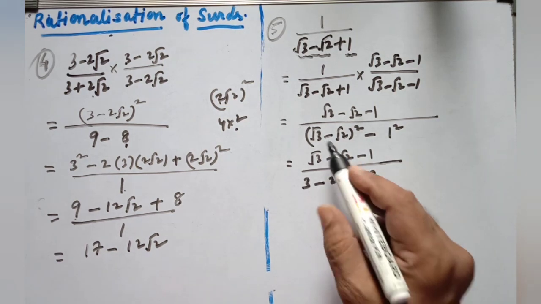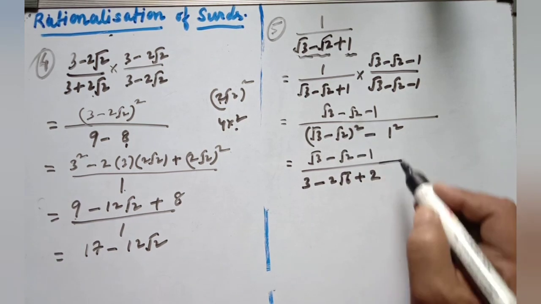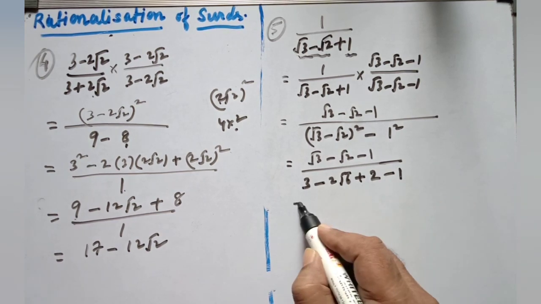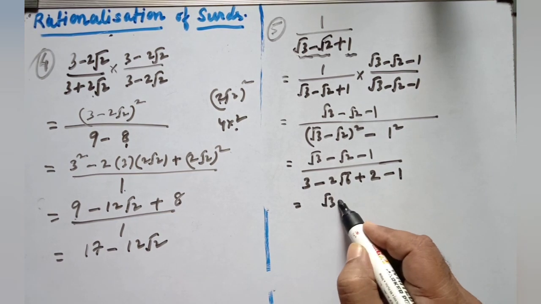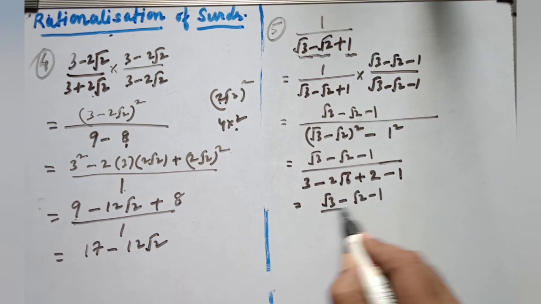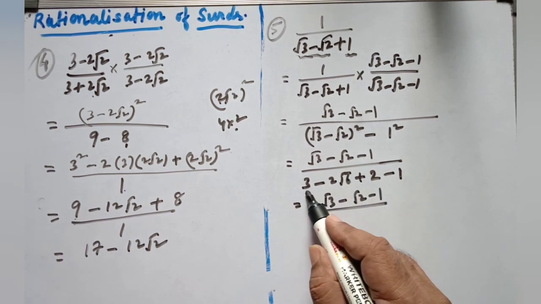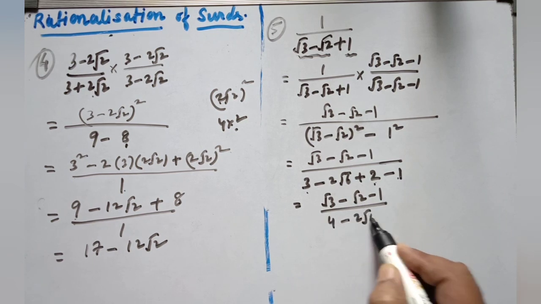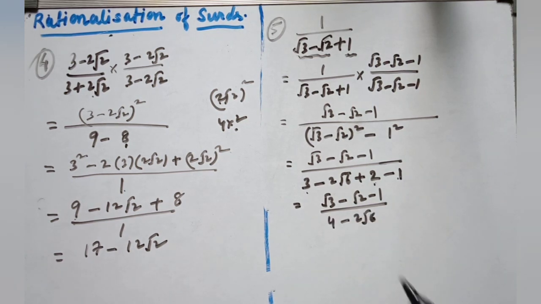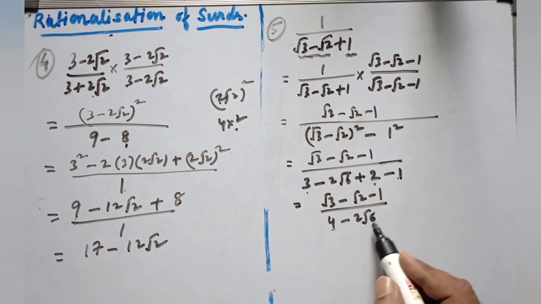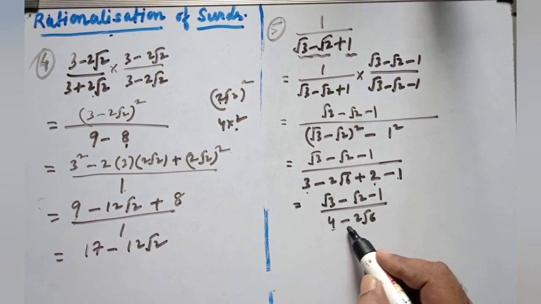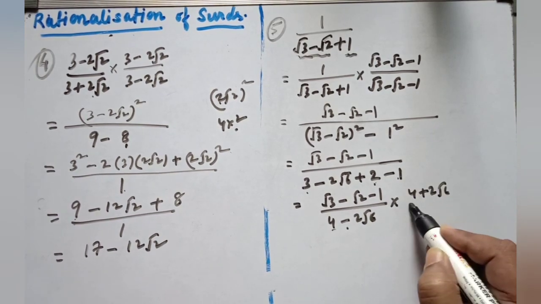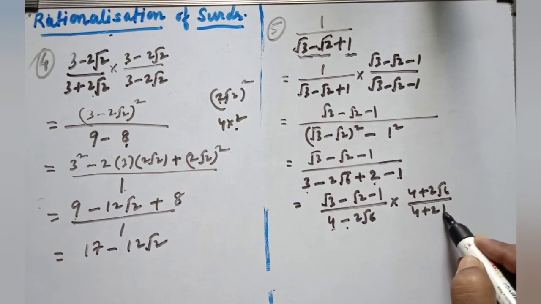That is the a minus b whole square formula. Now minus, this is 1 square, 1. So this becomes root 3 minus root 2 minus 1 upon, if you simplify, 3 plus 2 is 5, 5 minus 1 is 4 minus 2 root 6. Now it becomes 2 terms. Again apply the same idea: this is minus, so multiply by 4 plus 2 root 6. That is the rationalizing factor of this denominator.